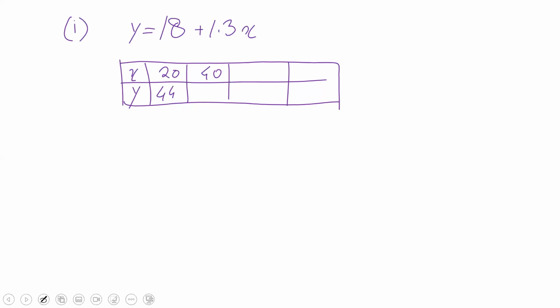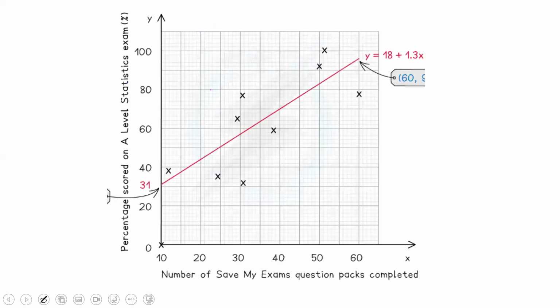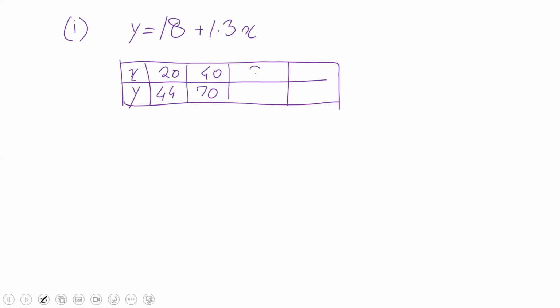I'm getting 70, sir. And one more, let's say 60. It's 96, sir. Now plot these points on the graph I have shared with you. Okay, sir.